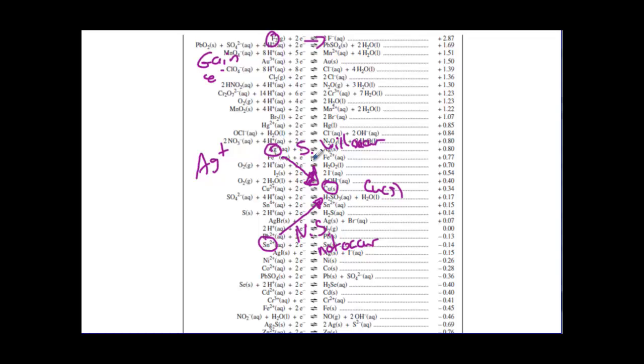This one right here is stronger than this one, so he wins the fight. Whereas this one right here is weaker than this one, so he loses the fight. So here, tin and copper would do nothing, because tin is not strong enough to steal copper's electrons. Whereas here, silver and copper, silver is strong enough to steal copper's electrons.